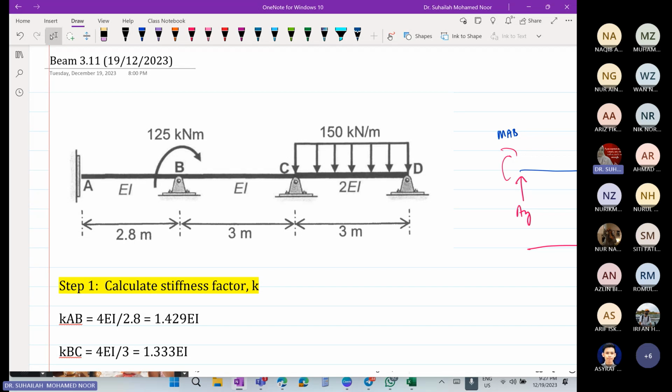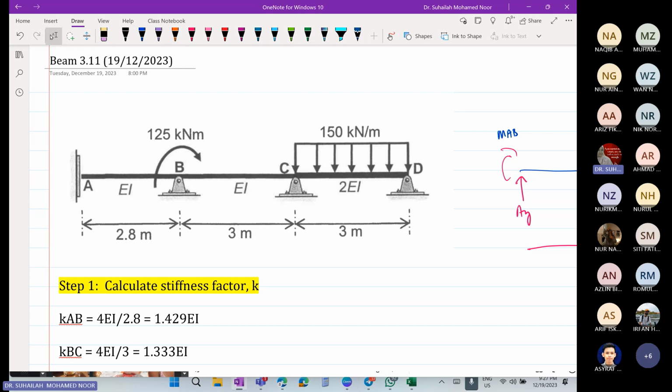Okay, so for this example, be careful with the joint moment that is given directly at joint B. This 125 will return because it will affect the distribution moment in the table in the first distribution. And be careful also with the end condition and pin, because normally students seem to forget to include the far end condition when analyzing any beam or frame using MDM.